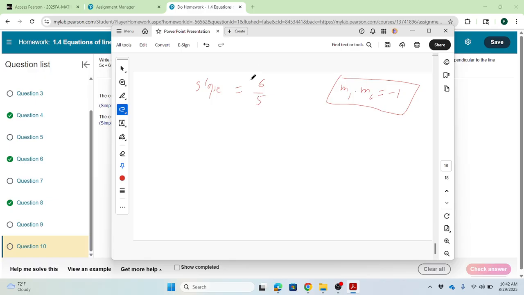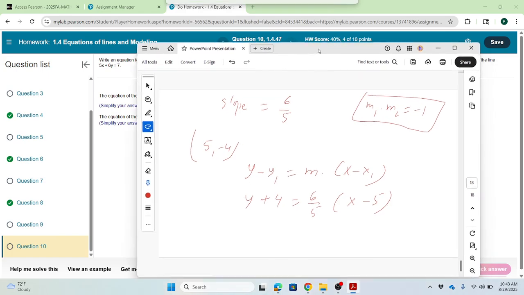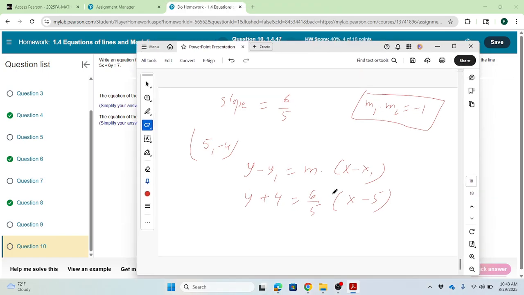So the equation of the line passing through the very same point (5, -4) with this slope, we are going to use the same formula. y1 is negative 4, but the difference is the slope this time is 6/5, and x1 is 5. Just distribute 6/5.